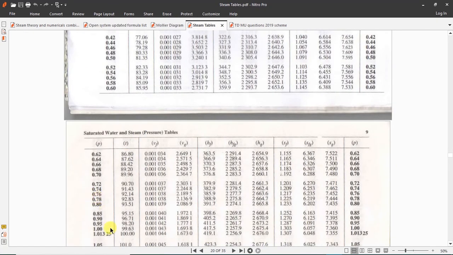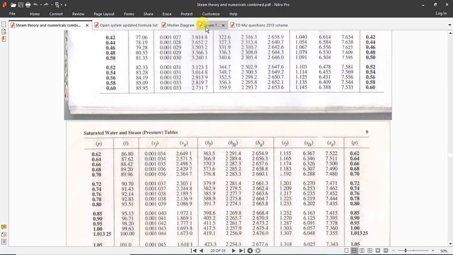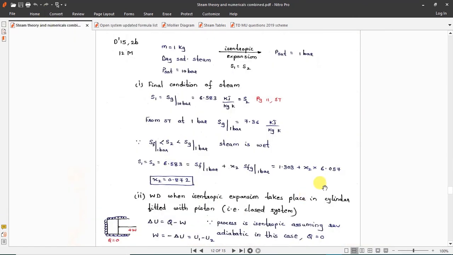So what is Sf at 1 bar? Sf at 1 bar is 1.303. So 1.303 plus X2, which is unknown, into Sfg at 1 bar. At 1 bar, Sfg is 6.057. So you will get the X2 value.